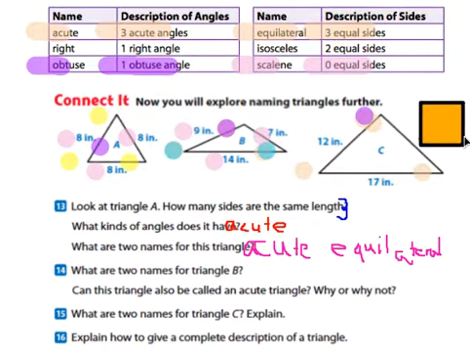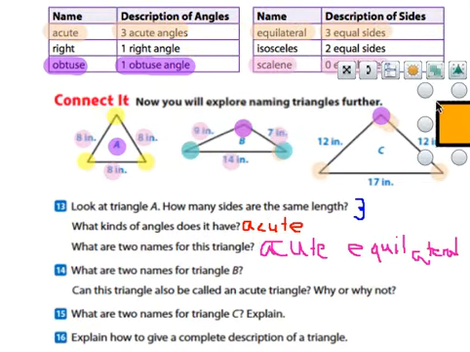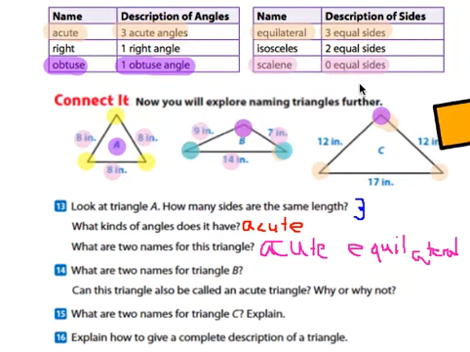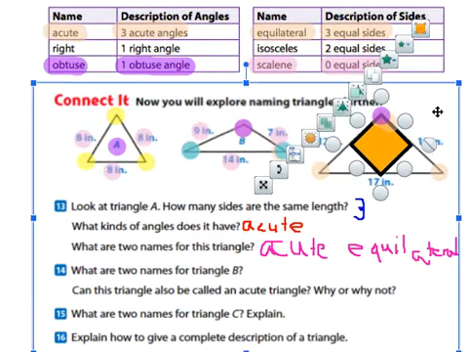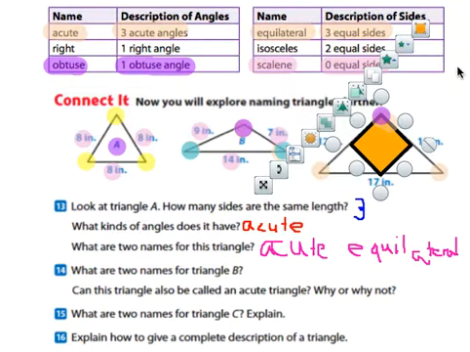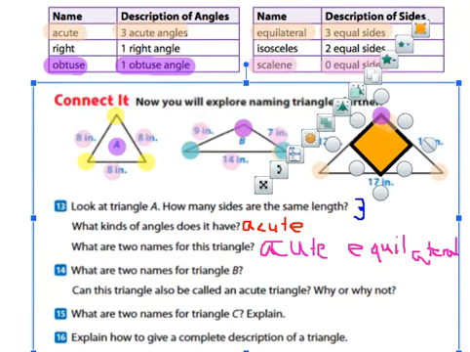If this was a Post-it note, let's test whether this triangle is a right triangle. I'm going to take this square, I'm going to slip it right in there. Oh, that lines up pretty nice, don't you think? So if this square fits right in there like that, what do you think?